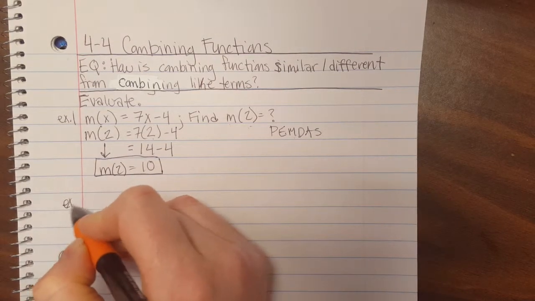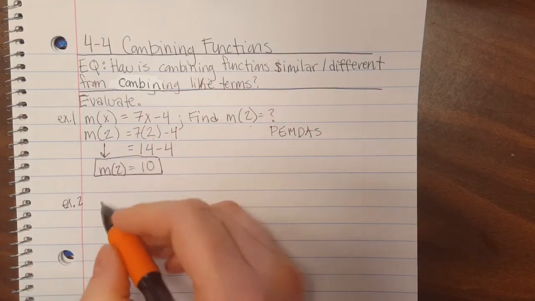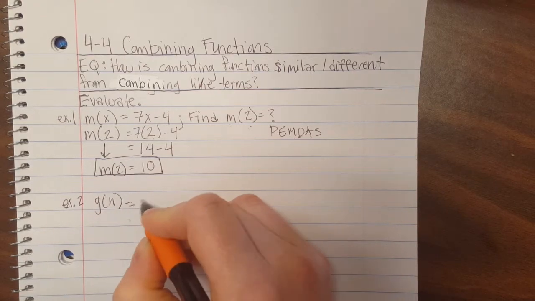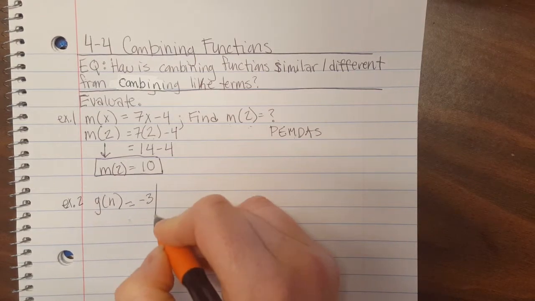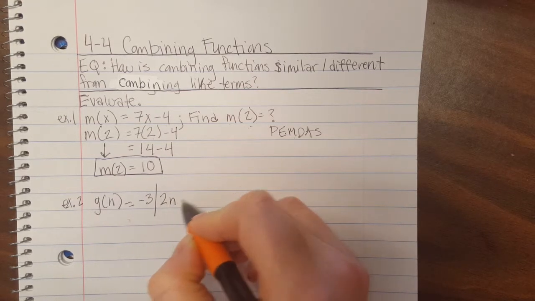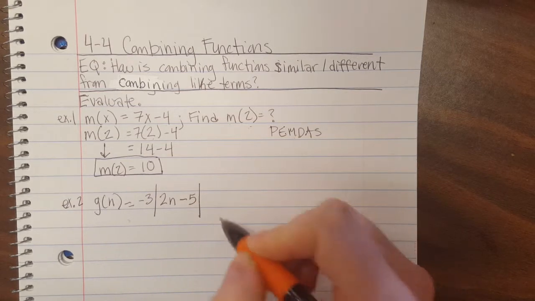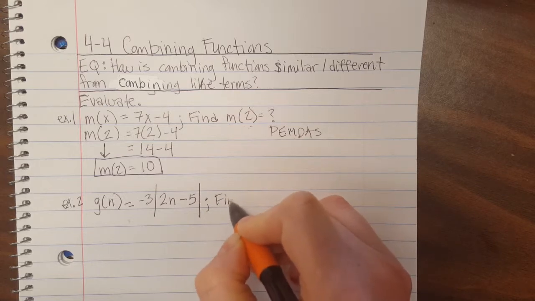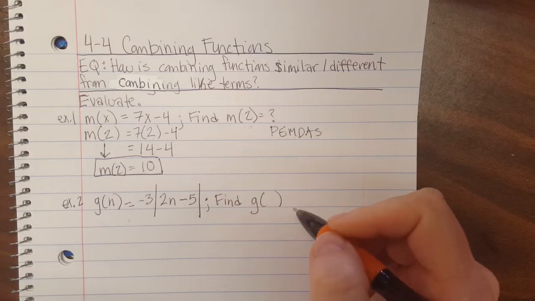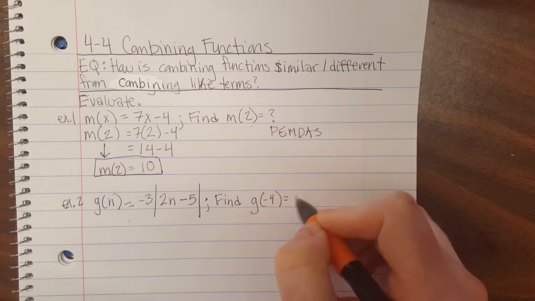Okay, let's try another evaluating problem. Example 2. How about g of n equals -3 times the absolute value of 2 times n minus 5. And we're asked to find the value of g of n when n equals -4.